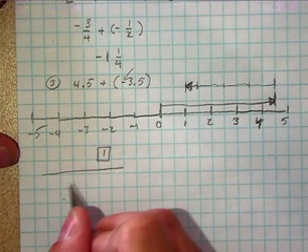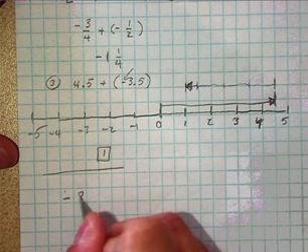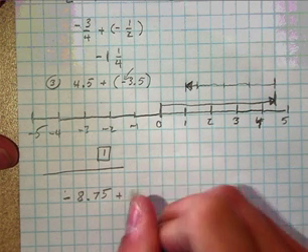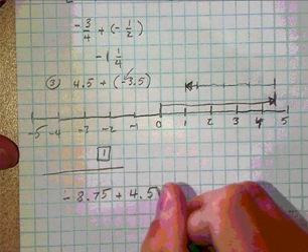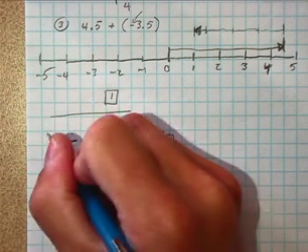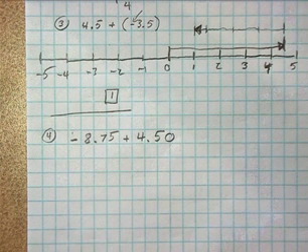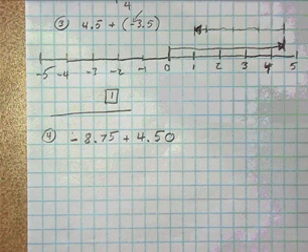Let's say I've got negative 8.75, so I've got negative 8/7500ths, and I'm adding to it 4.5.